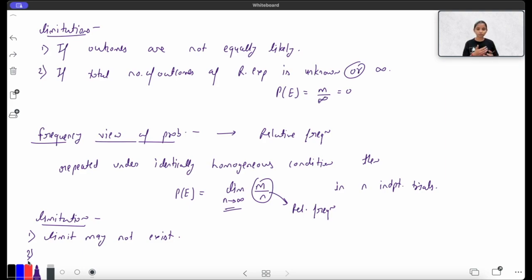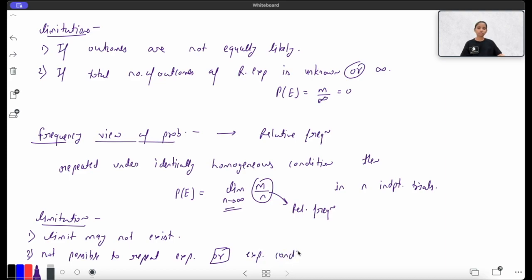It may not be possible to repeat the experiment, or when you are repeating the experiment so many times, the experimental condition may not remain the same. This is the second case.